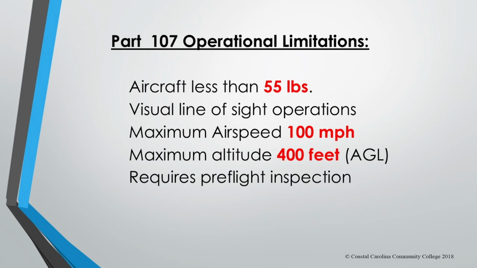AGL stands for above ground level. Drone regulations are above ground. Commercial airlines operate on above mean sea level, MSL. You also have to go through a pre-flight and post-flight inspection.